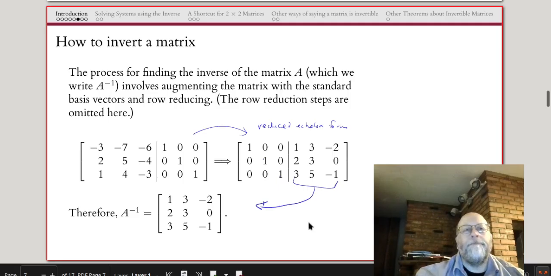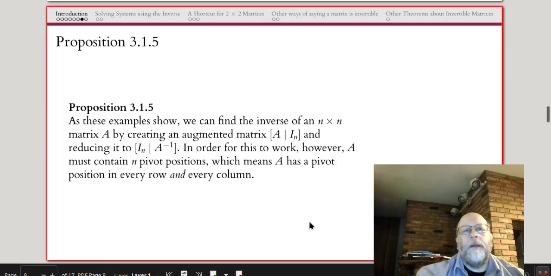Okay? So this is a proposition in the book. It's 3.1.5. We can find the inverse of an n by n matrix by augmenting A with the identity matrix and reducing it so that the identity matrix is now on the left side and the right side is the inverse.